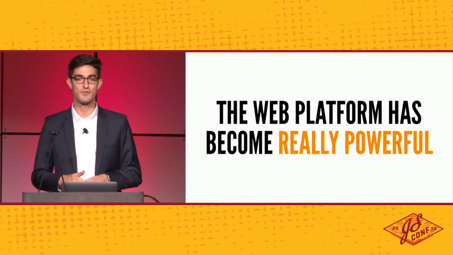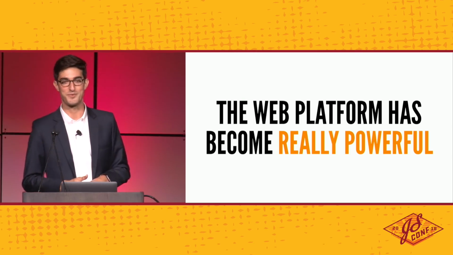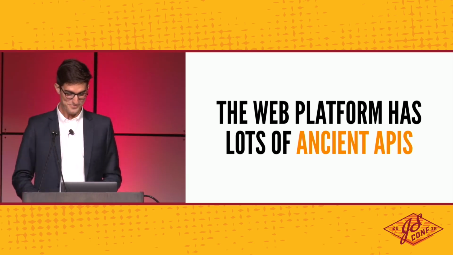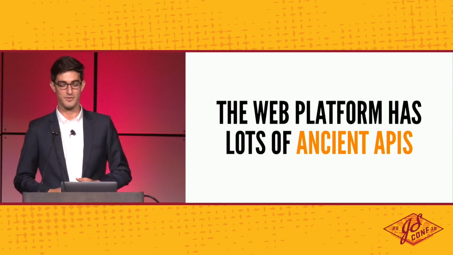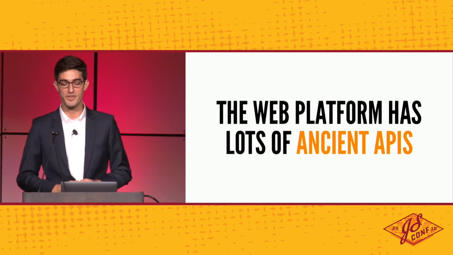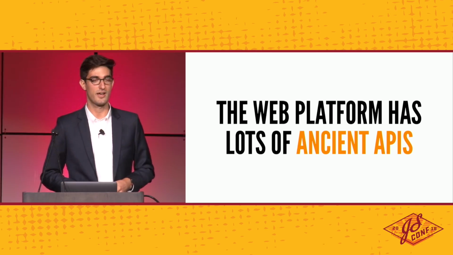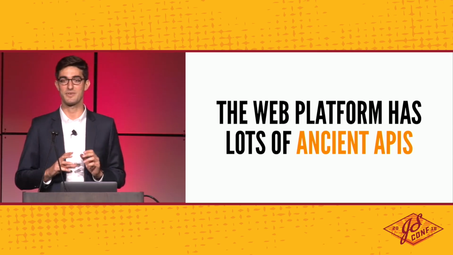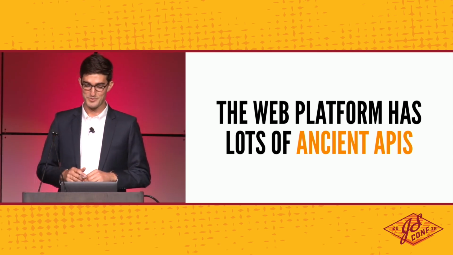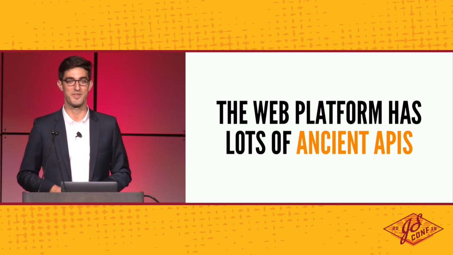And all these have delightful edge cases that the browser vendors didn't think about when making them, and we're going to have a lot of fun with that today. The web also has a lot of ancient APIs that can't be removed for backwards compatibility reasons. Some of these APIs are so old that I'm sure many of you have never heard of them. They're just sitting there nicely in the browser, waiting to be discovered, waiting to be used in nefarious ways. So I decided to take a look at each one of these APIs one at a time and try to do the worst possible thing with them.